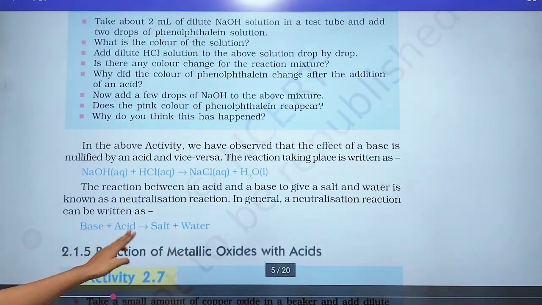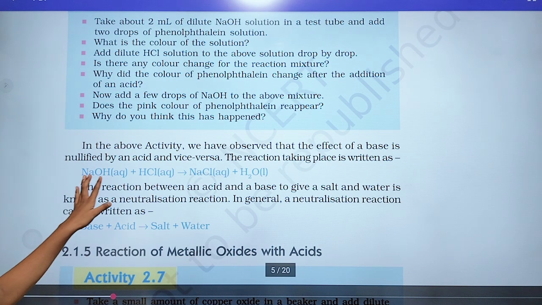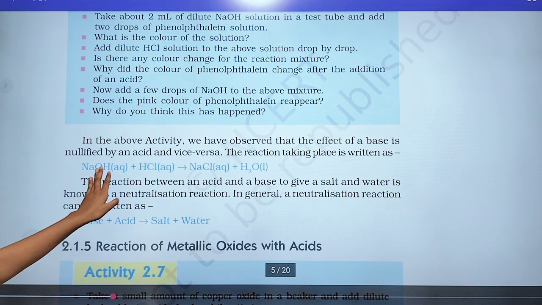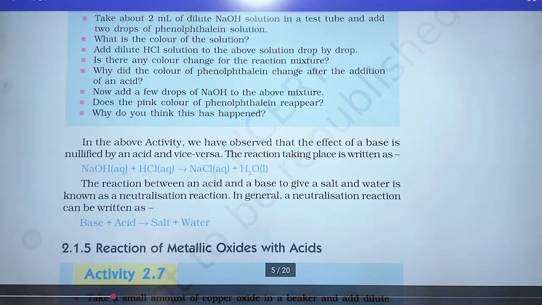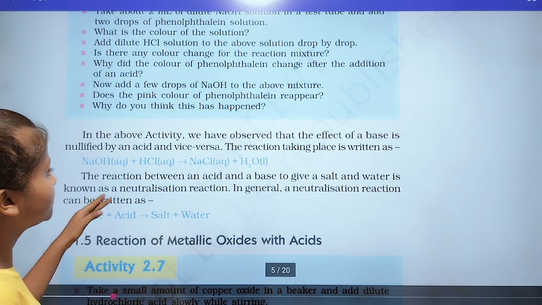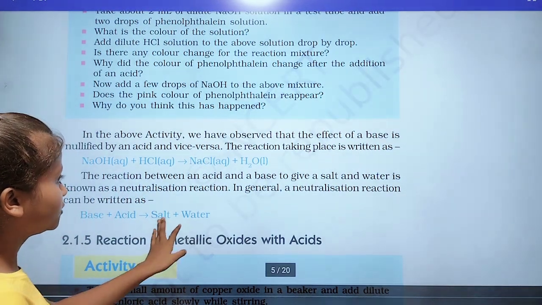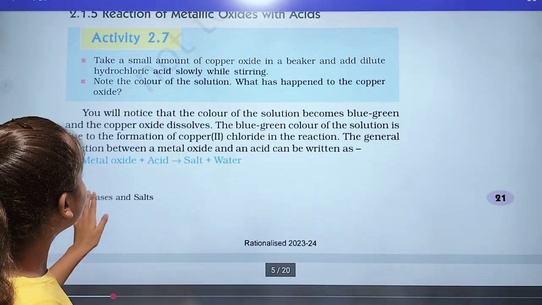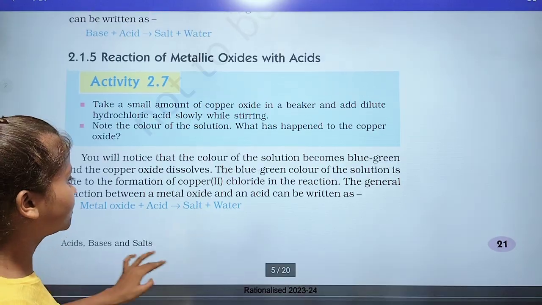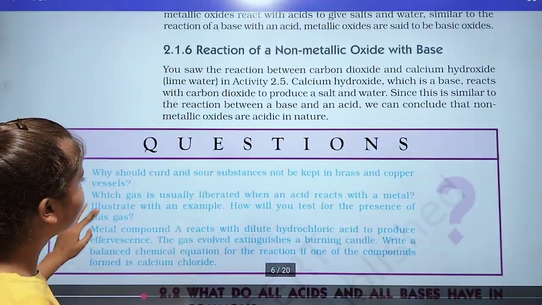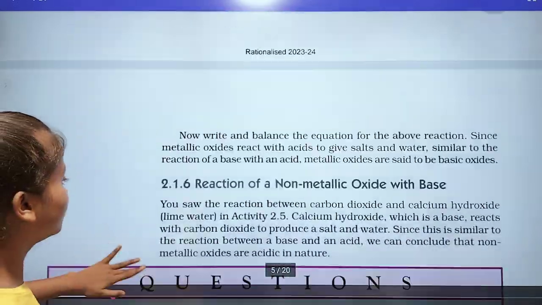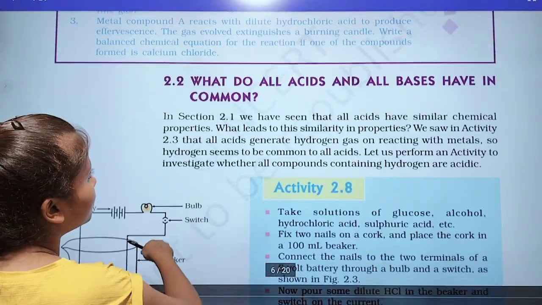And base plus acid gives us salt and water. NaOH plus hydrochloric acid gives NaCl plus water. NaCl is a salt and H2O is water. Now metal oxide plus acid gives salt and water. This comes after the experiments, the activities.